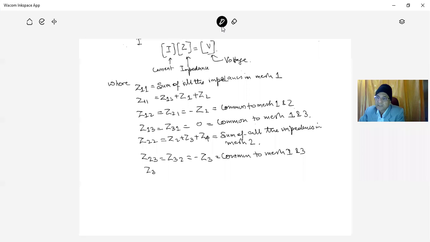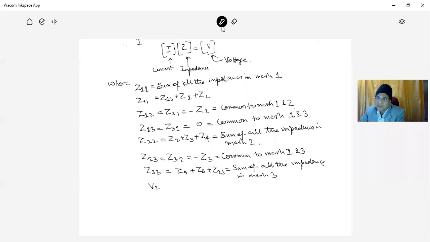And Z33 is equal to Z4 plus Z5 plus Z2S. That is the sum of all the impedances in mesh 3.